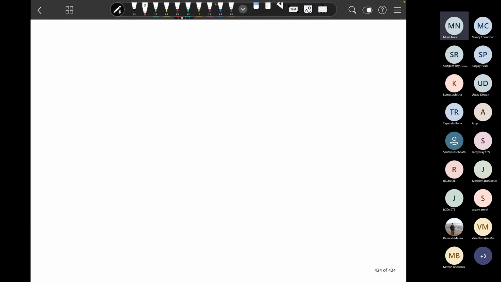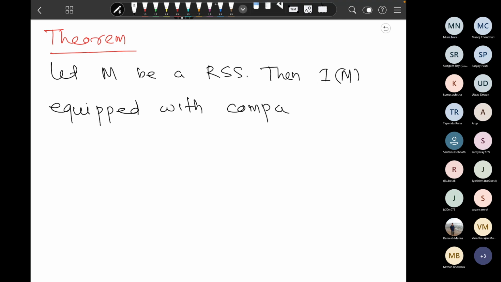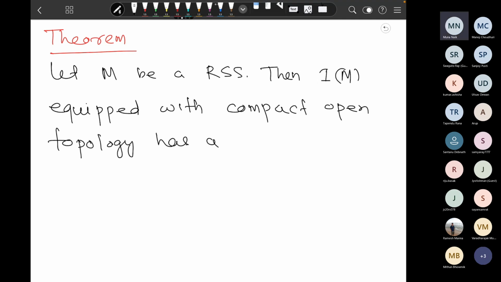So now we really come to the symmetric space theorem. Let M be a Riemannian symmetric space. Then IM, equipped with the compact-open topology, has a smooth structure on M, but that has to be unique.